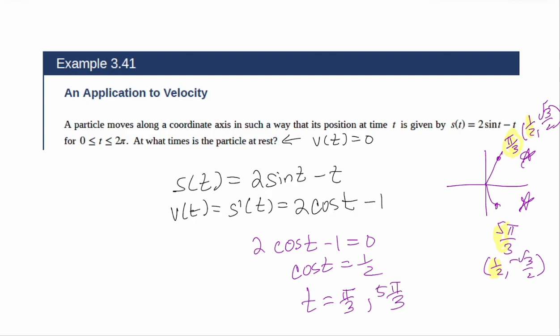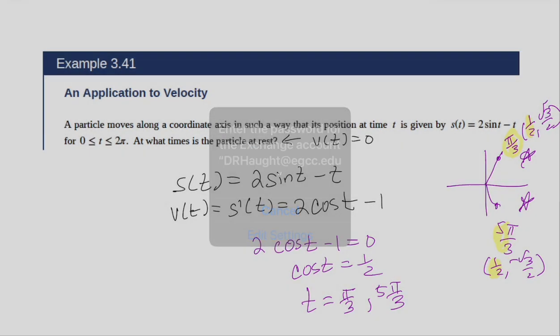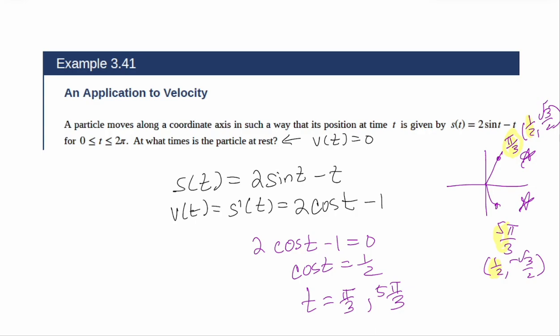Now, how could time have an answer that has a pi in it? Well, that just means use your 3.14 unless it tells you otherwise. So 3.14 divided by 3.